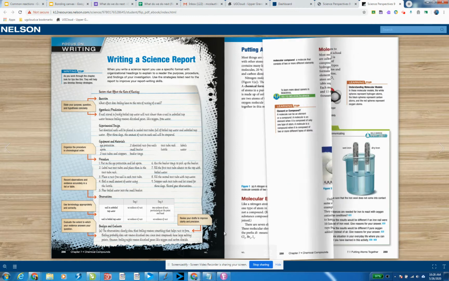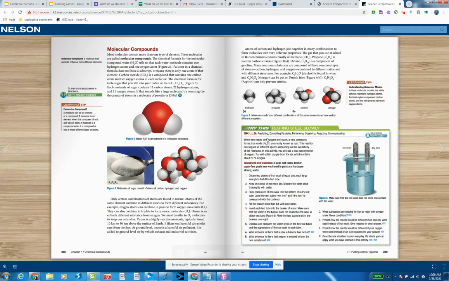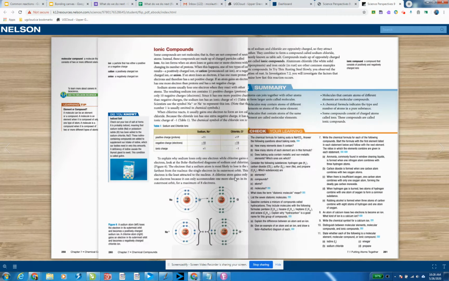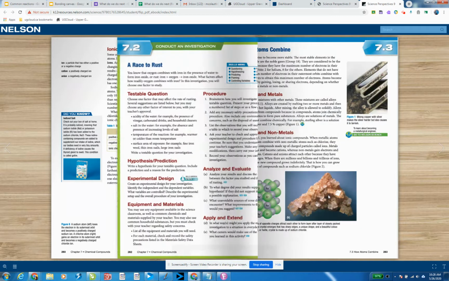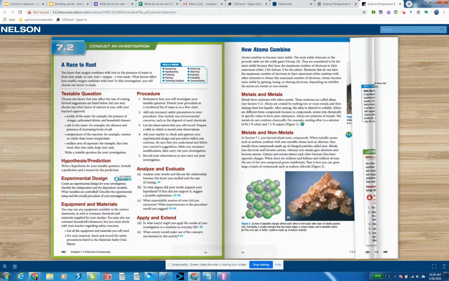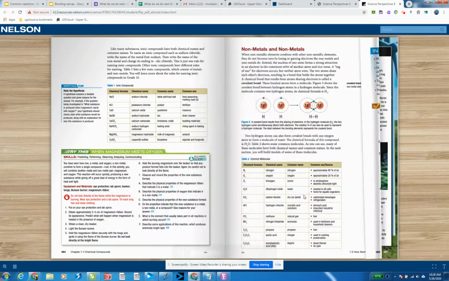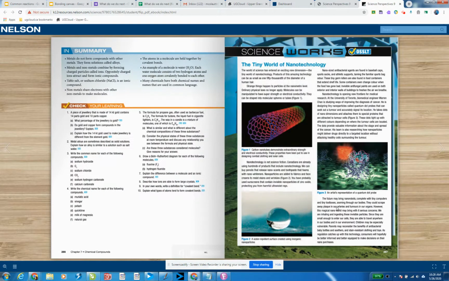And I know I've already asked you to do this. The problem is we have these labs we were unable to do. And that's what I'm working on in the next day or two. So you've got a little bit of a break to go through the textbook online and review this stuff.